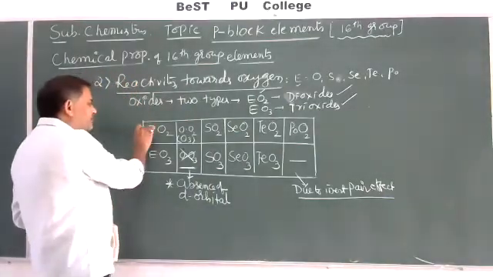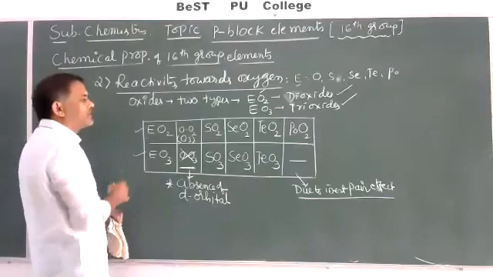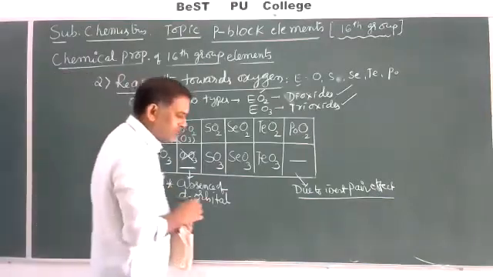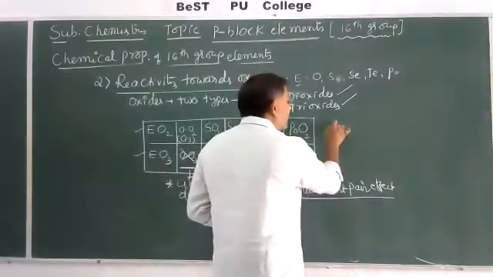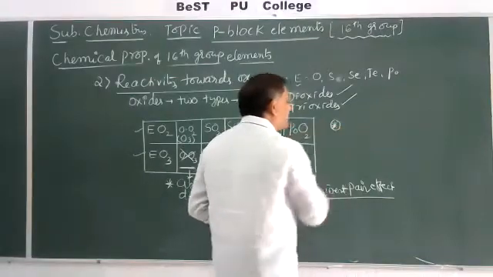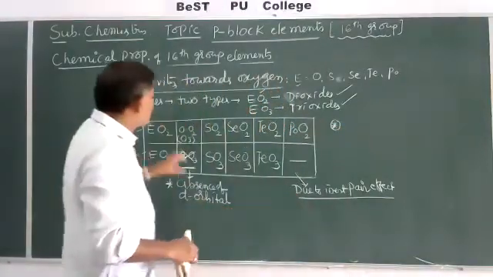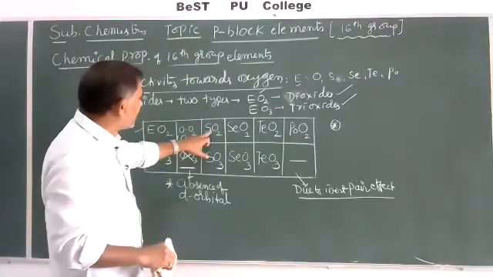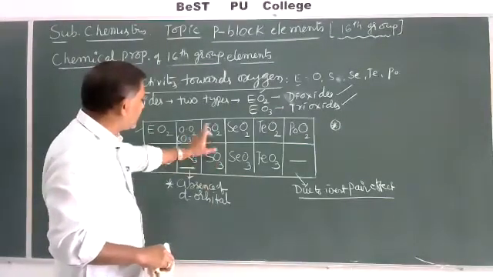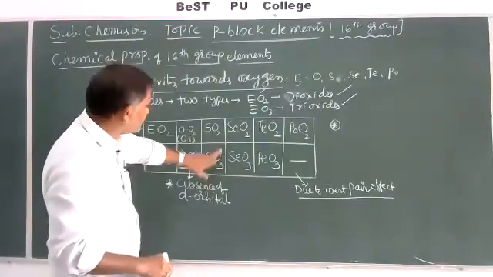So these are the two important oxides of 16th group elements. Some important points come after these chemical properties. The story of O3, SO2, SO3, all the points are there, and I'll explain all these.